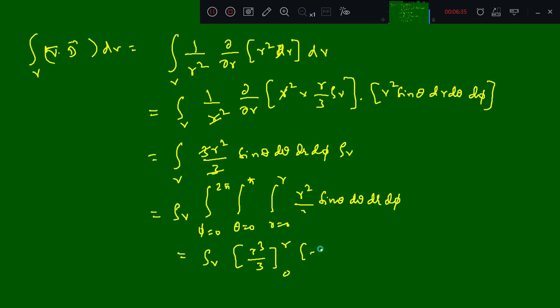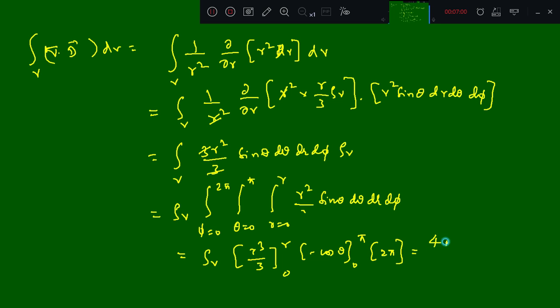Then minus cos theta from 0 to pi, then into 2 pi. If I substitute r, this is again r cube by 3 into rho V. The second term becomes 0. Then 2 minus cos theta from 0 to pi becomes 2, and 2 into 2 is 4.